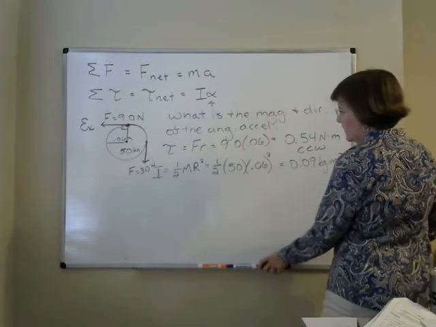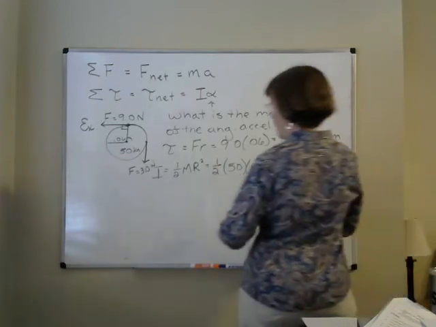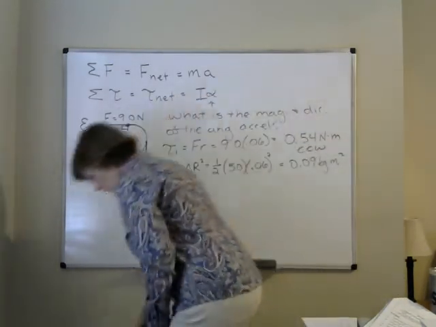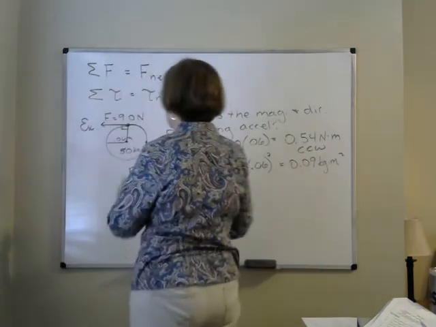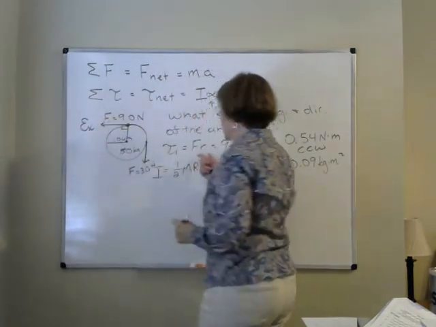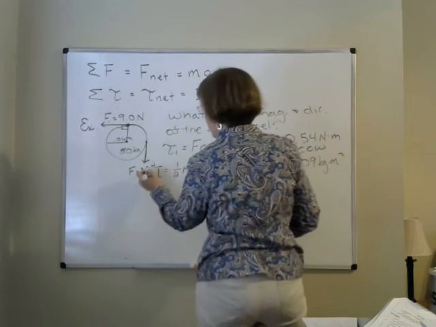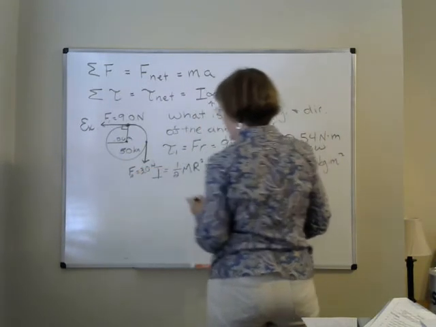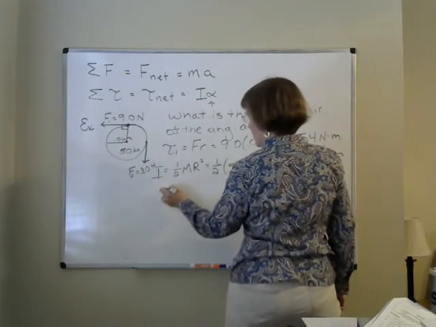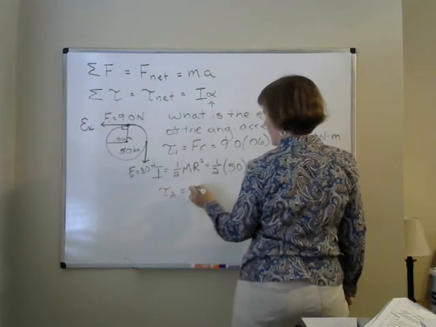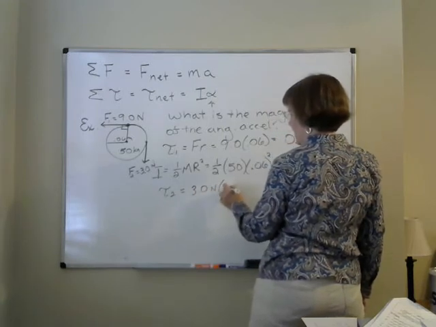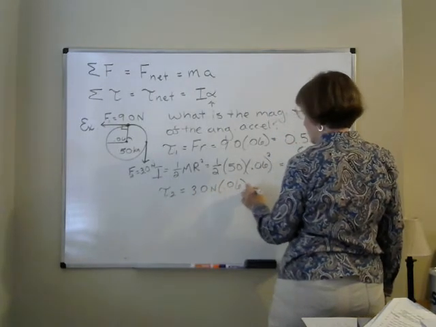We now know that we have, we'll call this 1. We have this initial force and this initial torque. We have a second force that's exactly 3 newtons. Make sure you can see that decimal. So the second torque is 3 newtons times 0.06.